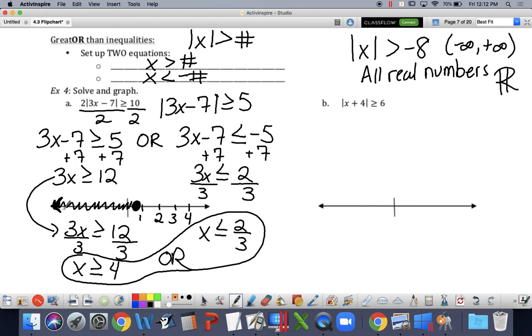And then greater than or equal to 4, same thing. I'm going to do a filled in circle, a closed dot, and then shade everything on the edges. When you have or statements, that's when you're shading the arrowheads of the number lines. When you have an and statement, that's when you're shading in stuff in between.